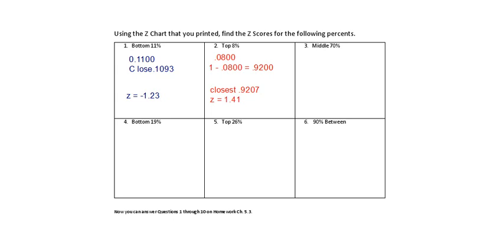All right, middle 70%. Well, first of all, 70% is the same as saying 0.7000. Now, middle means subtract from 1, then divide by 2. So 1 minus 0.7000 is equal to 0.3000.